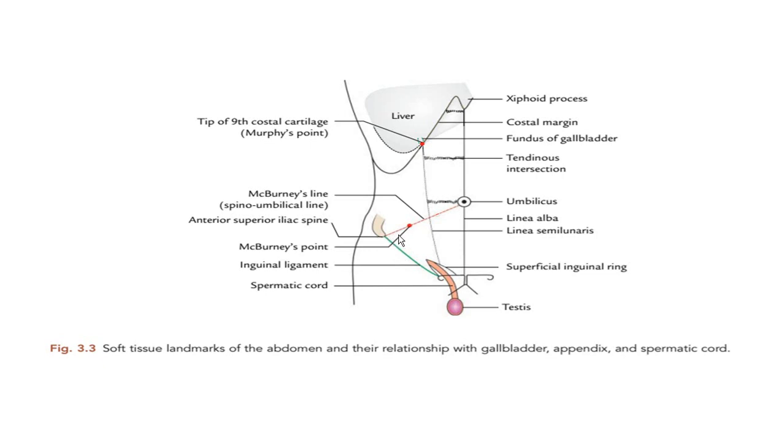At this point, we have the base of the appendix that lies deep to this point. And thus, we have McBurney's point, as you can see in this picture, between the lateral one third and medial two thirds of the line between the umbilicus and the anterior superior iliac spine.